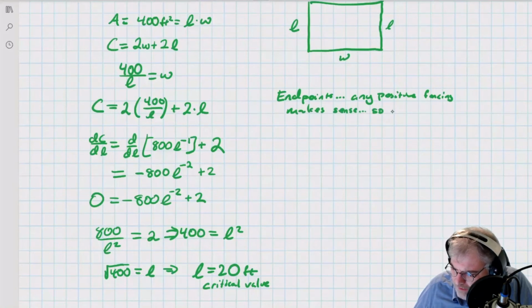So my endpoints are L equals infinity and W equals infinity.